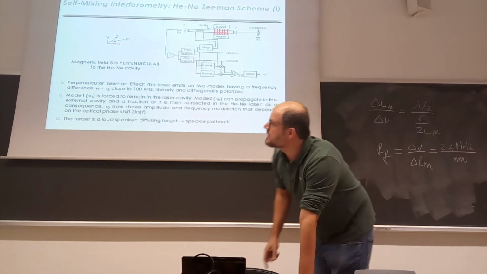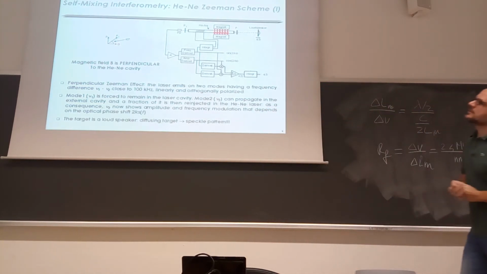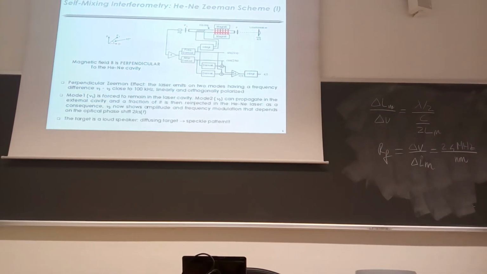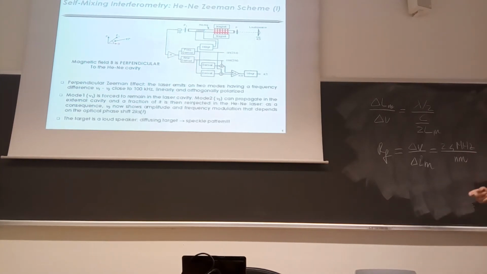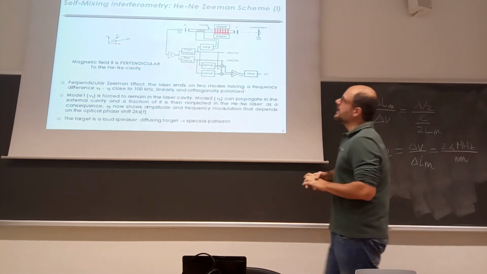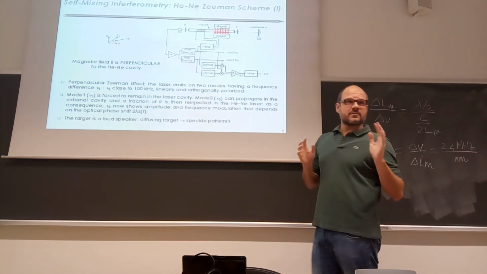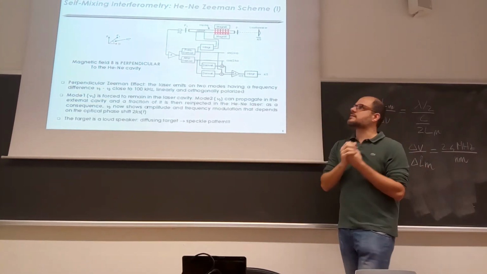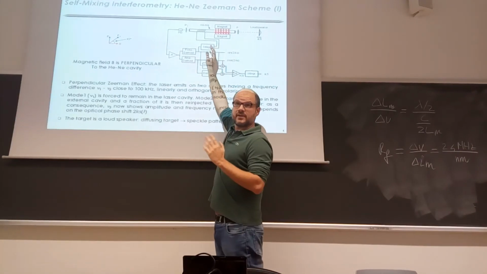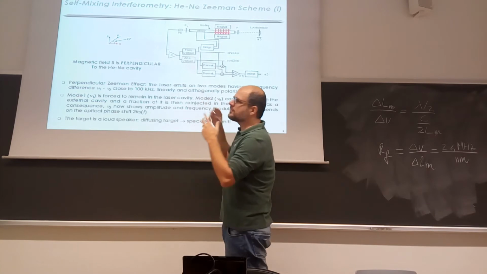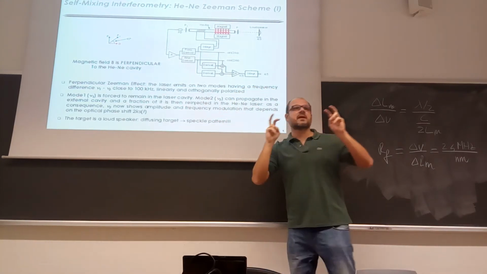So the first realization of a self-mixing interferometer was done by Donati. This is the scheme of Silvano Donati. Now, you are using a particular Heine laser, because you also use a magnetic field, so you use another sort of Zeeman effect.